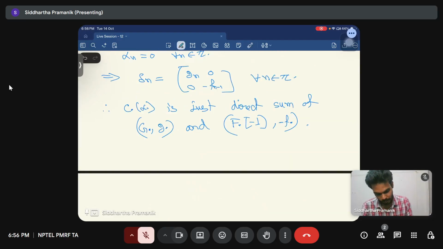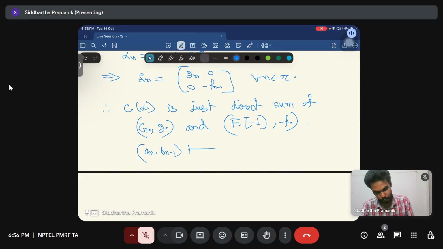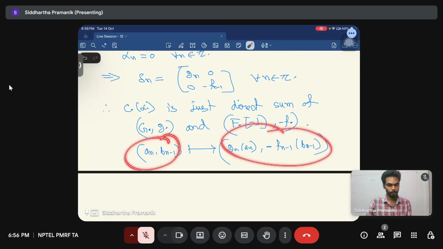So here the tuple (gn, bn minus 1) will map to (gn, minus fn minus 1, bn minus 1). So this tuple will go to this tuple.